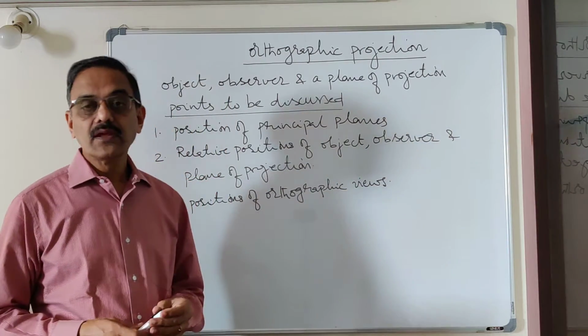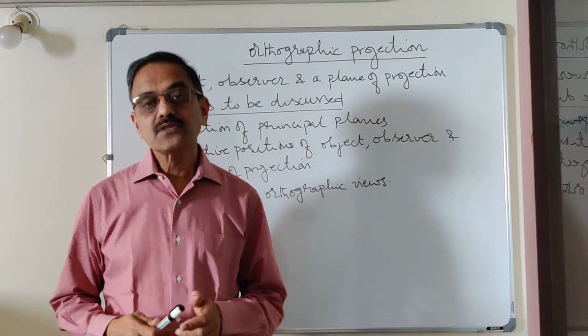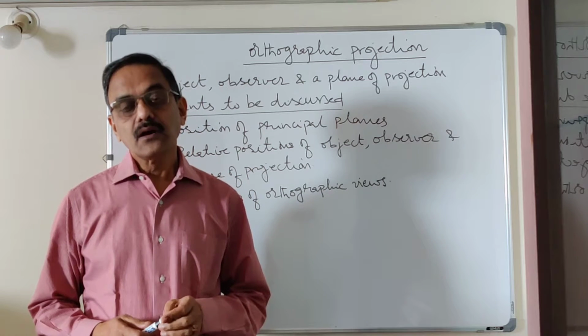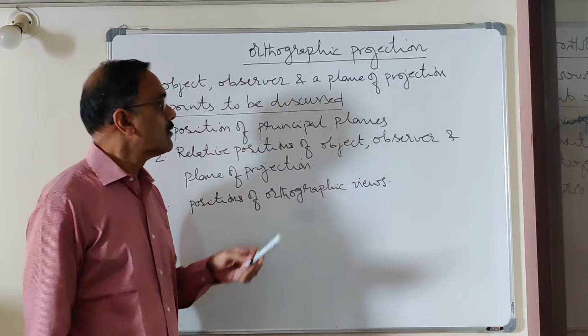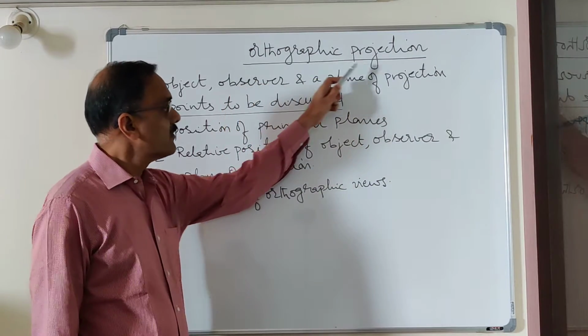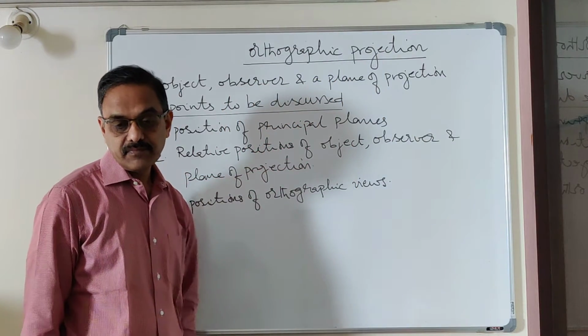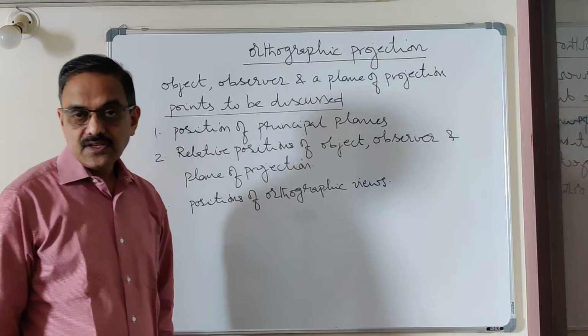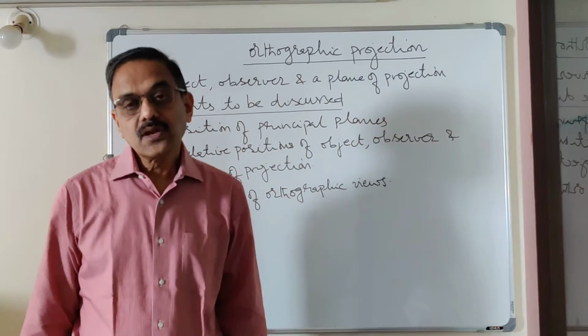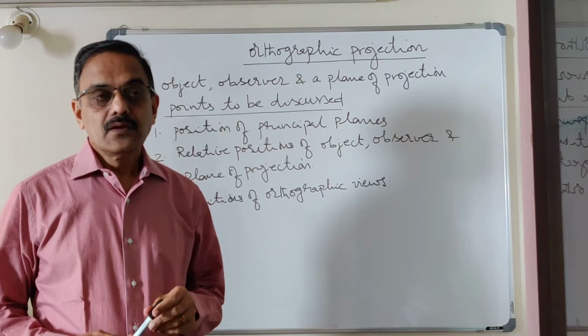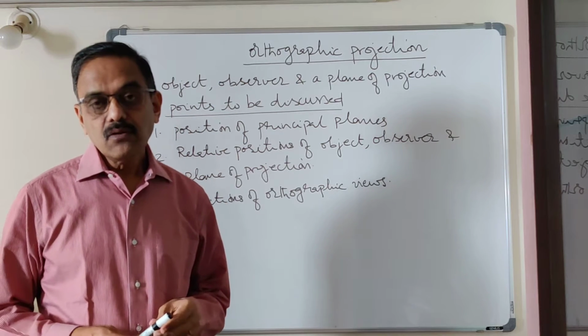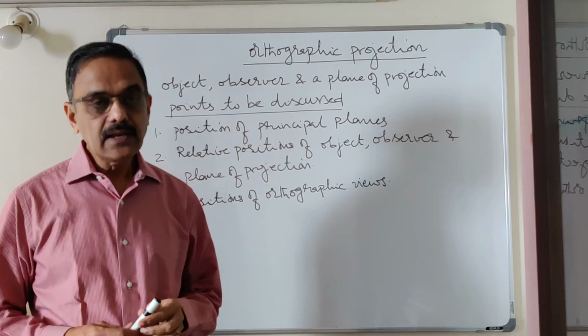So today's class is a very important class which forms the basis for your syllabus. The title of the topic is orthographic projection. What is orthographic? Orthographic means perpendicular. I will explain in a minute what orthographic projection is in detail.